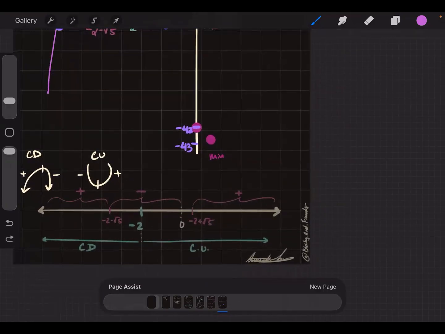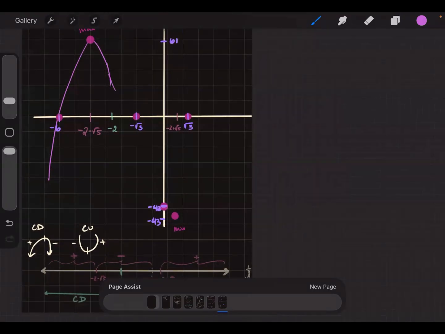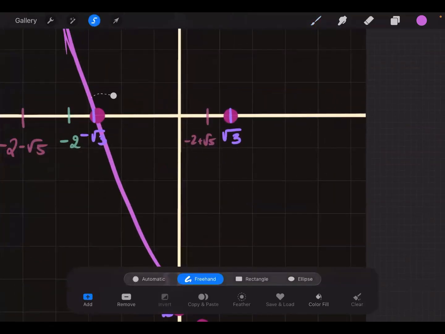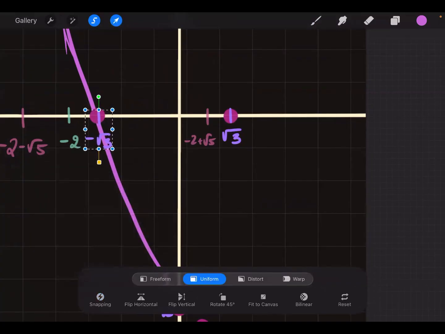From negative 2 to negative 2 plus root 5, it is concave up, decreasing. Concave up, decreasing looks like that. So it's going to kind of peter out like that. Doesn't have to be perfect. I understand the graph's kind of cramped. Like I said, you can always fudge things around if you have to. There we go.